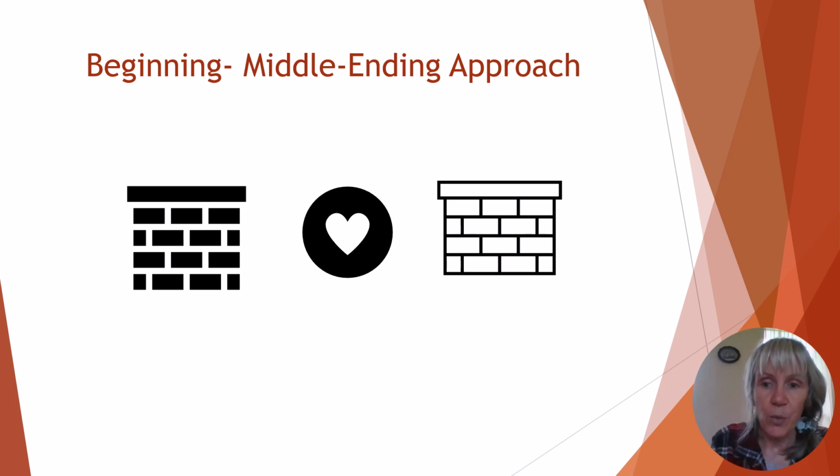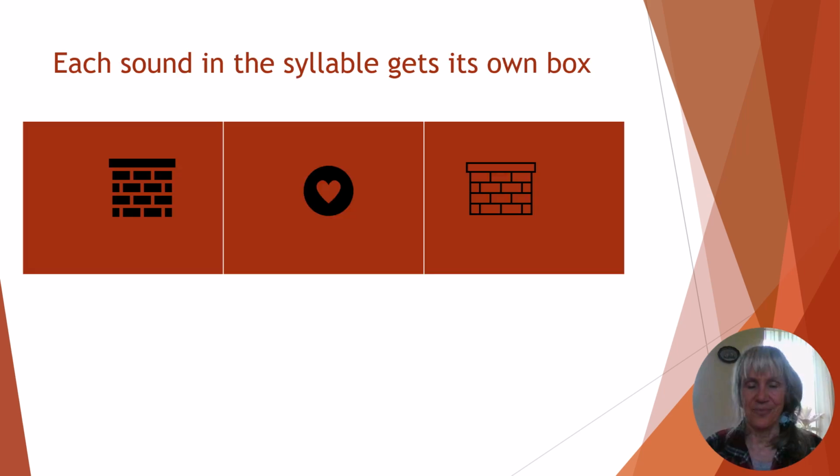So again, we begin our boxing, this part of the word work, using sound boxes with the beginning, middle, and ending. So when it comes to our sound boxes, each sound in the syllable gets its own box. So each of the graphemes that are making the beginning consonant walls will get a sound box. Each vowel sound, which is represented by its grapheme, will get its own sound box.